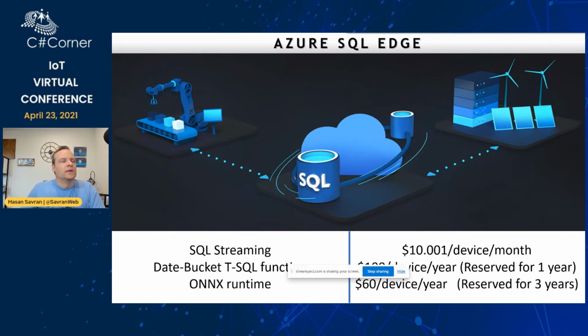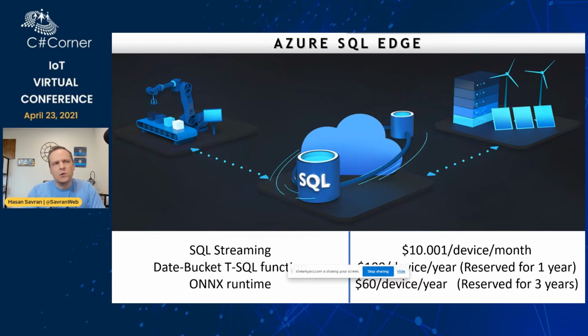What else do we know about SQL Edge? There are some items that the SQL Edge version has and other SQL Server versions do not. The first one is SQL streaming. SQL streaming is based on the same engine that powers Azure Stream Analytics. It provides real-time data streaming capabilities in Azure SQL Edge.